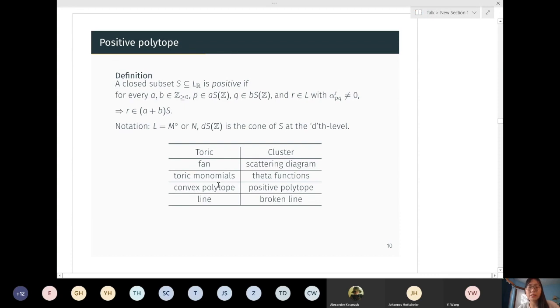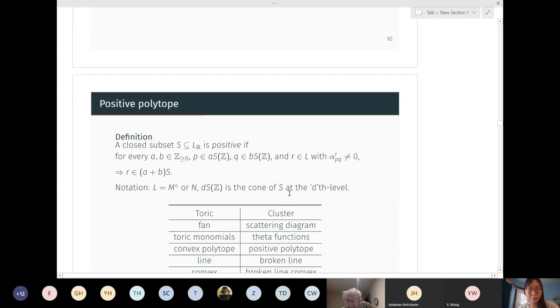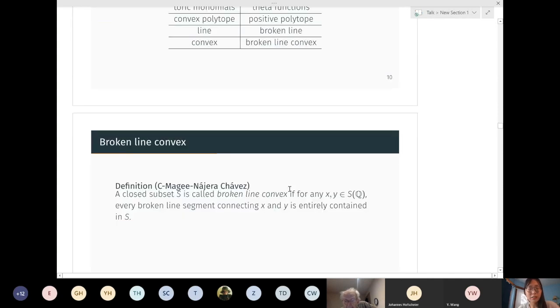And the next thing: when we were doing the overview in the beginning, I emphasized that we have convexity, and convexity is given by lines. Now let me convince you that convexity in the cluster world is given by broken lines.